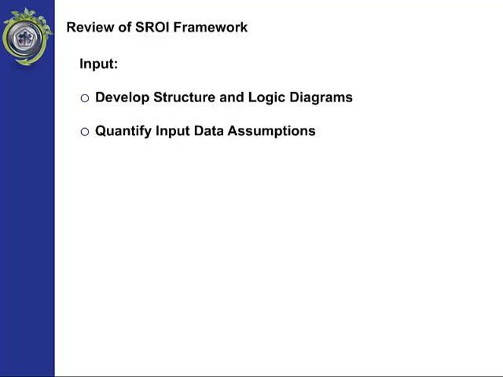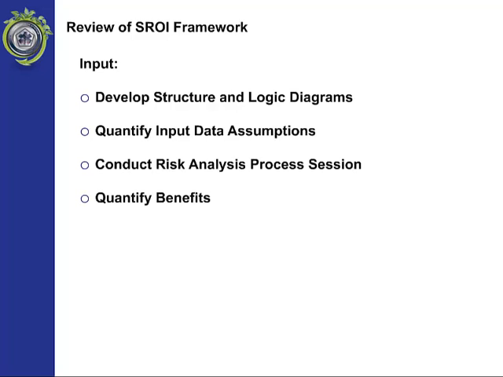In summary, the SROI framework includes the following processes: developing structure and logic diagrams to illustrate the inputs and relationships for each strategy being analyzed; quantifying input data assumptions to facilitate objective discussions and monetized decisions; conducting a risk analysis process session to refine inputs, assign risk, and build team consensus; and quantifying benefits by running the SROI model for all strategies across a suite of probabilities.